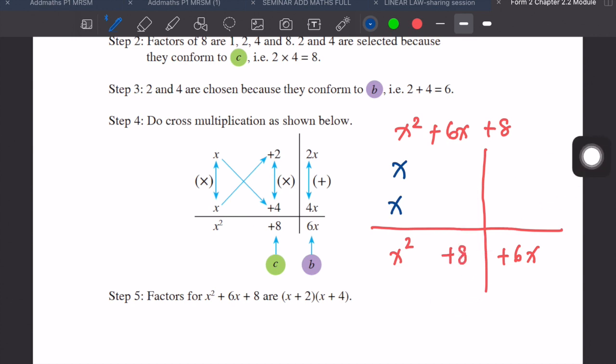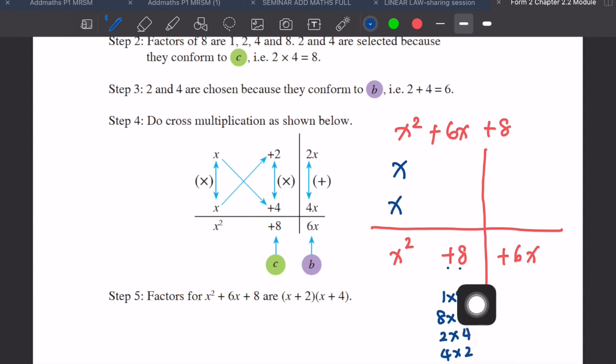Okay, di sini kita cuba tulis kat bawah ni. Apa nombor yang darab akan dapat positif 8 tengok. Okay, apa yang darab akan dapat 8? 1 darab 8, apa lagi? 8 darab 1, 2 darab 4, 4 darab 2, dapat 8. Okay, sekarang awak tahu awak ada 4 pilihan ni.